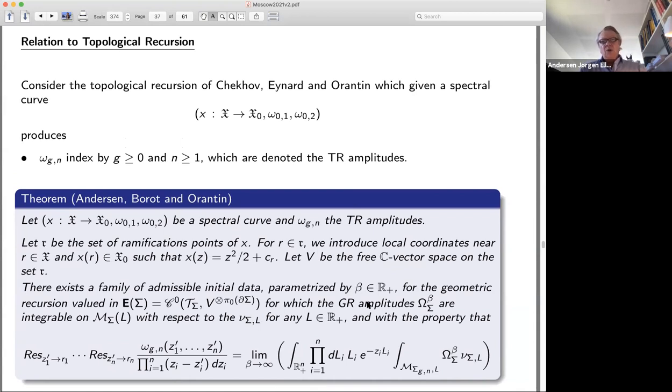And if you do so, then there is a spectral curve, a complete setup for topological recursion. Run the topological recursion, get the omega g,n's, and then take these residues here. That will compute for you the limit of these integrals here, but you see the Laplace transforms here.